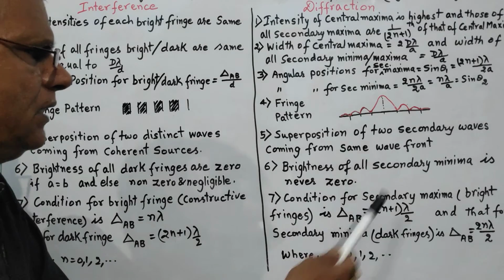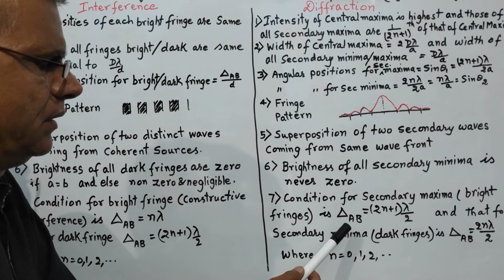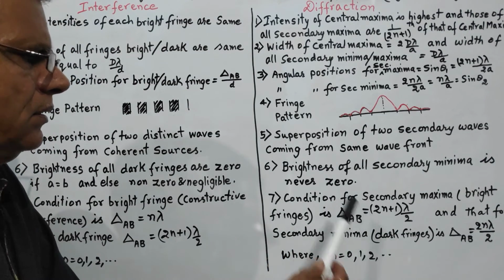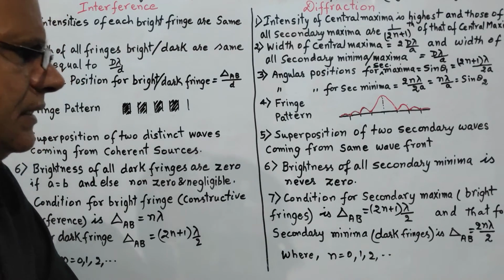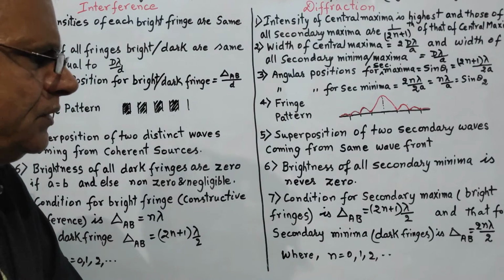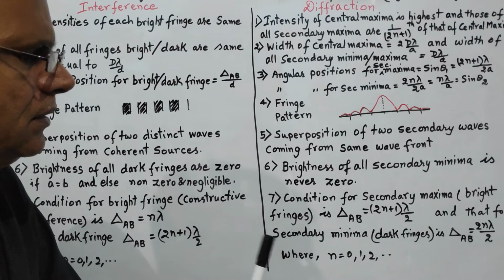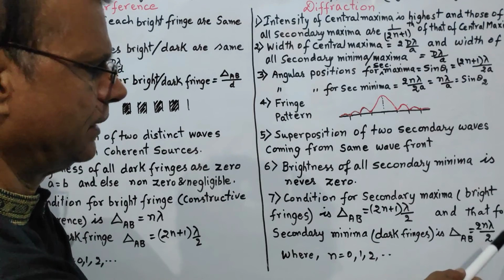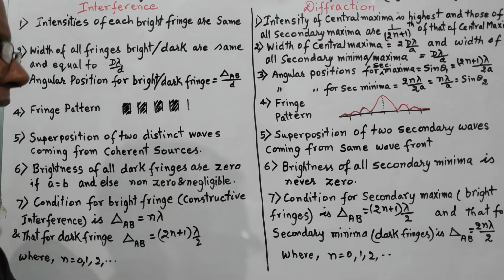And the condition for secondary maxima, that is bright fringes, is that the path difference between the two extreme ends of the wavefront is (2n+1)λ/2, and for secondary minima the path difference between the two extreme ends of the same wavefront incident on the single slit is 2nλ/2, that is nothing but nλ. Here n is equal to 0, 1, 2, 3, etc.